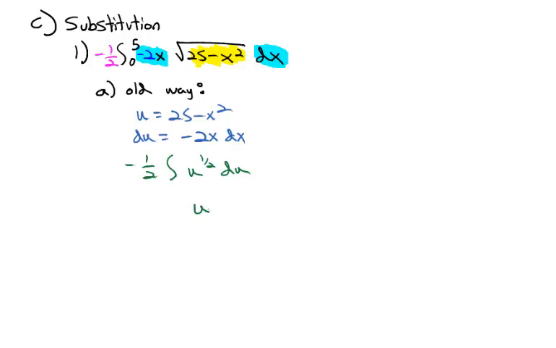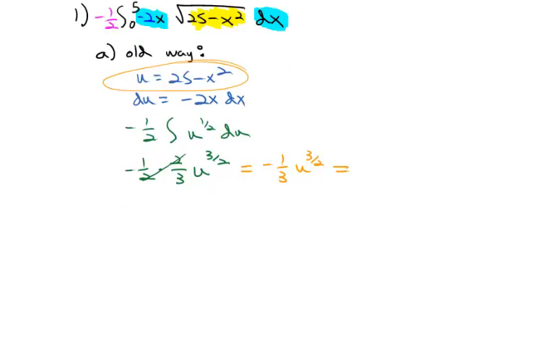Then we took the integral, which is u to the 3/2, times the reciprocal, which is 2/3, times the negative 1/2 that was out front, which is nice because the 1/2s are gone. And now we have negative 1/3 u to the 3/2. Now we can plug in that u that we have.